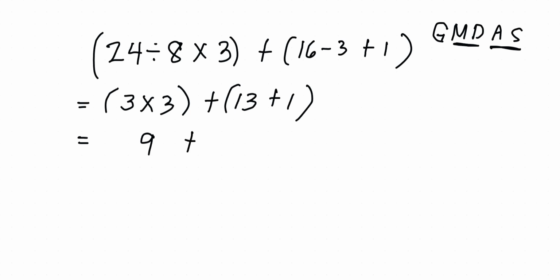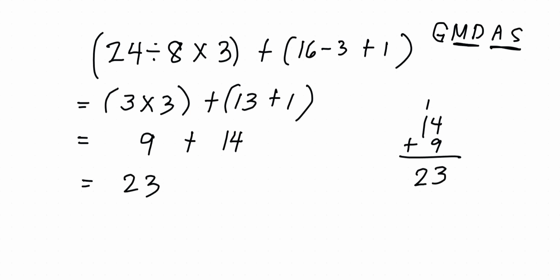And then what is 13 plus 1? And that is 14. And 14 plus 9, 4 plus 9, that is 13. Carry 1, and 1 plus 1, that is 2. So your final answer here is 23.